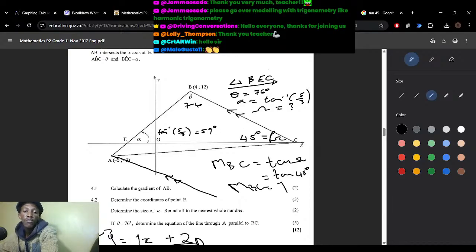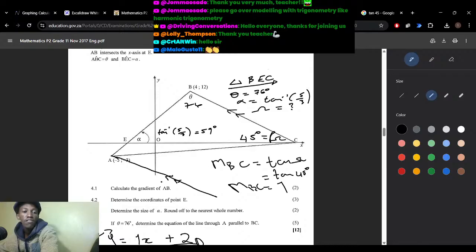And then we solved for omega, and after that we were able to determine the gradient of BC. Since BC is parallel to a line that passes through A, we know that parallel lines on a Cartesian plane have equal gradients.